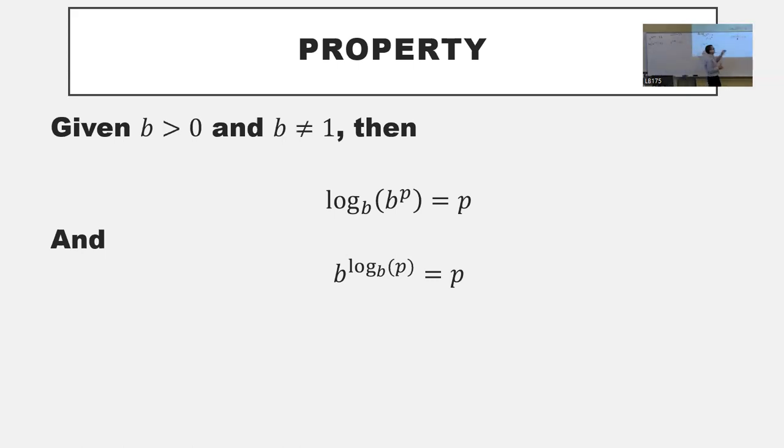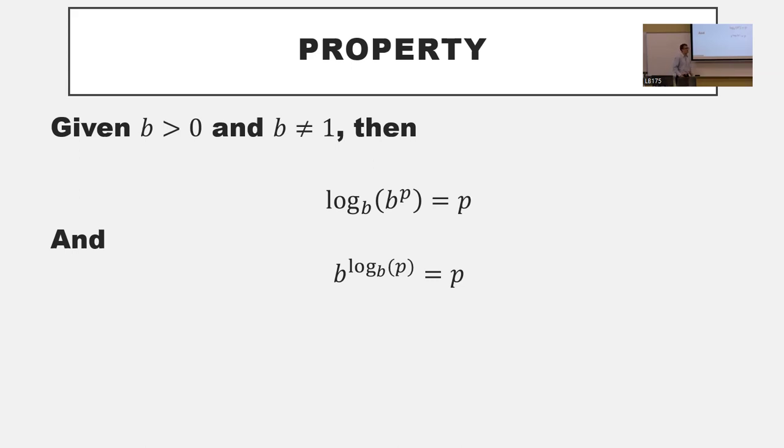So this is what I'm getting at. This is one of the really nice properties of logarithms and why exponential functions and logarithmic functions are studied at the same time, because in some sense, they undo each other. If I take log base b of b to a power, I get back the power.